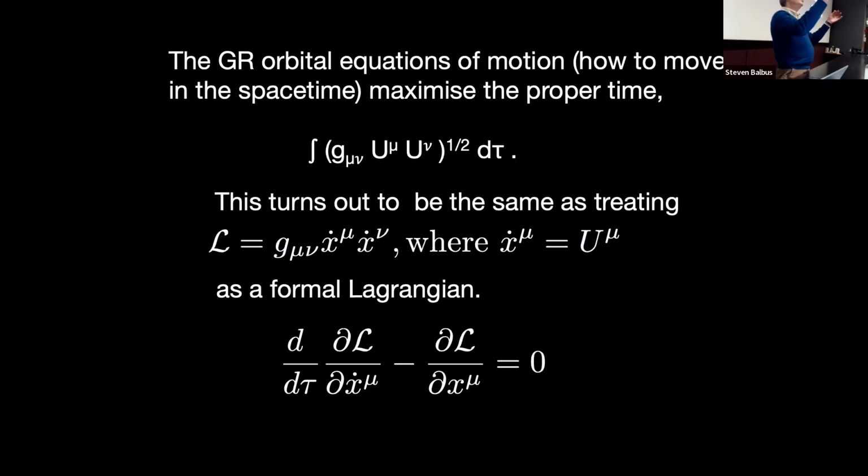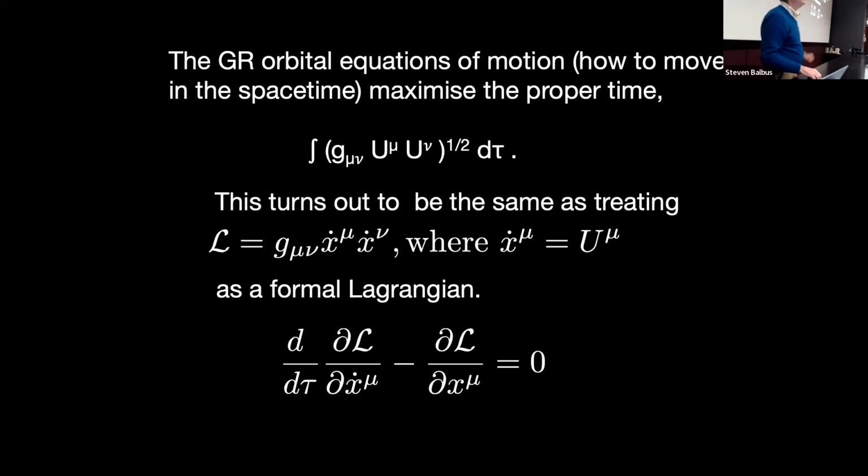You can do that by taking a piece of string and putting one end on Cambridge, and the other end on New York, and pulling it as tightly as you can, and that'll define a great circle. And that great circle distance is the minimum distance between 2 points.